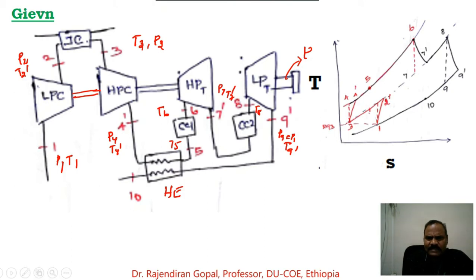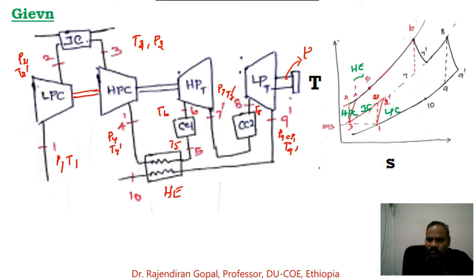This layout is given by the temperature entropy diagram, where the air at the inlet temperature and pressure is compressed in the low pressure compressor to state point 2. Then it is cooled by the intercooler to state point 3. Again it is compressed in the high pressure compressor to state point 4 dash, where 4 dash to 5 dash is the heat exchanger.